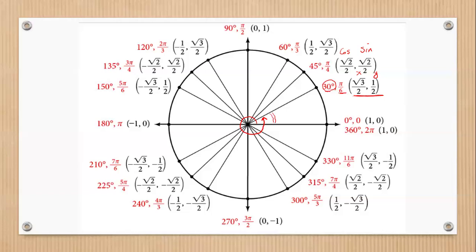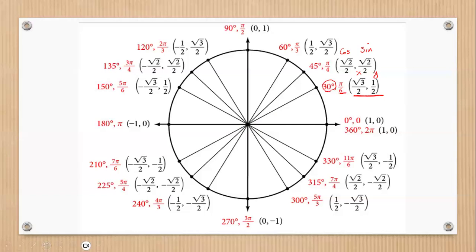So I recommend you have a print of this picture when you're solving equations and have it in front of you, especially when they ask you to find solutions in the first rotation, from 0 to 2 pi.